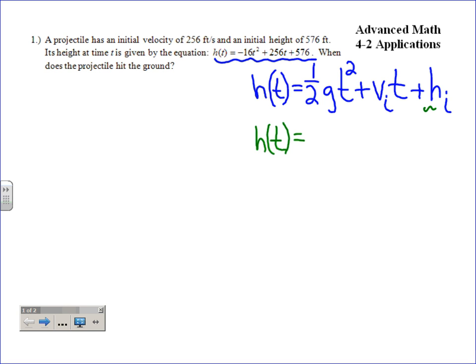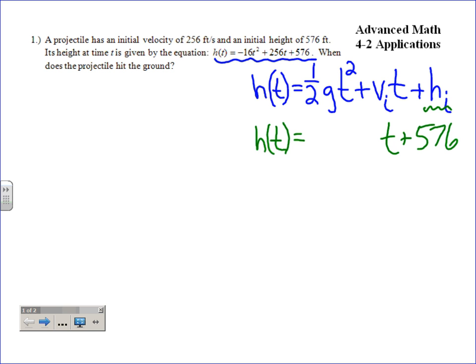Do we know the initial height in this problem, that example that we have? Does it say there was some projectile, initial velocity of 256 feet per second, initial height of 576 feet? All right, so that's 576 plus, right? There's some t. It says initial velocity of 256.